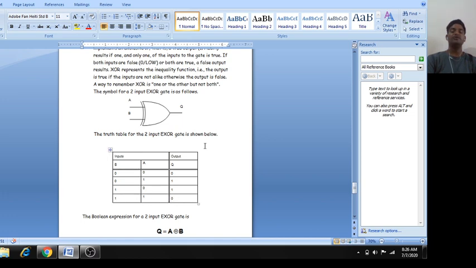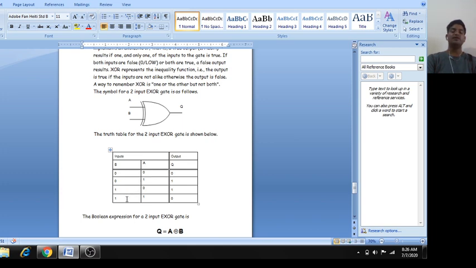How will you remember this truth table? If there are an even number of ones at the input, the output becomes 0, otherwise high. In the case of 0 0, there is no 1, so the output is 0.